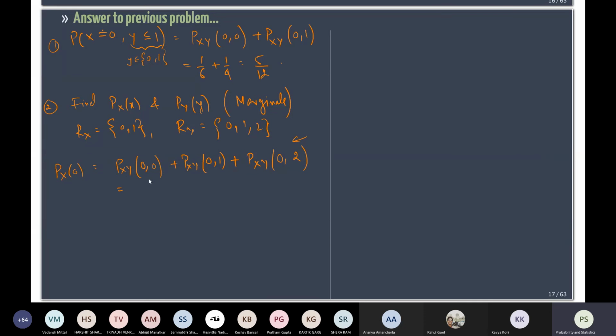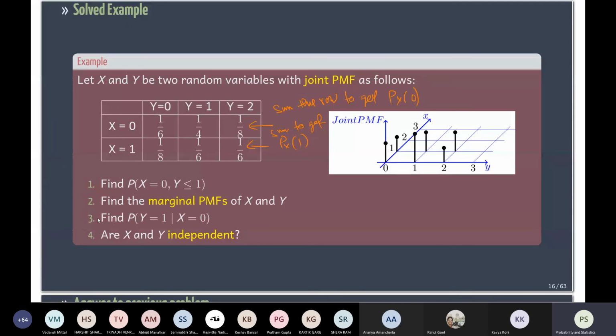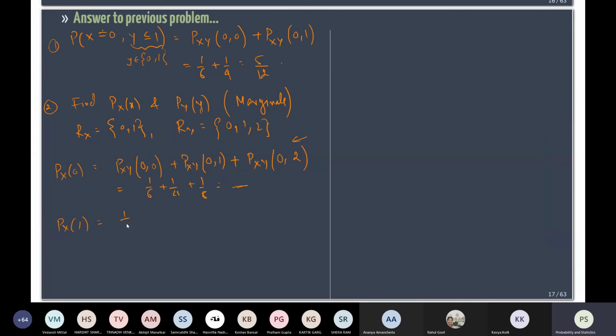So if we sum the first row, it is 1/6 plus 1/4 plus 1/8. And similarly, we have p_X(1), which will be the sum of 1/8, 1/6, 1/6.